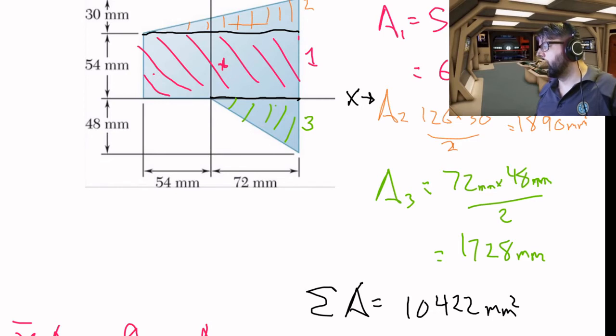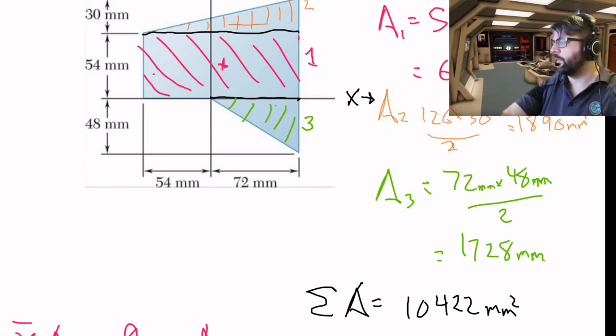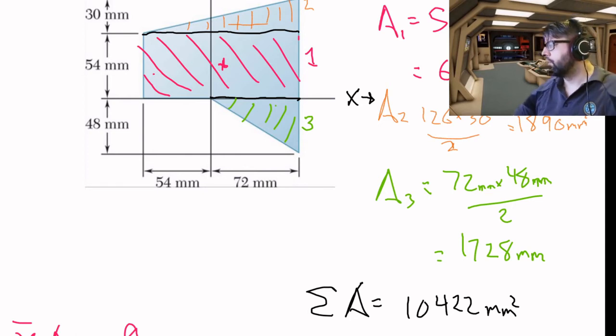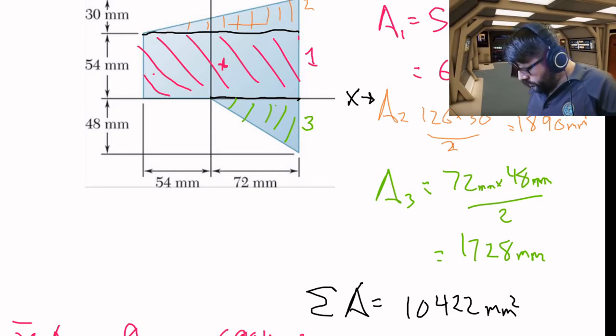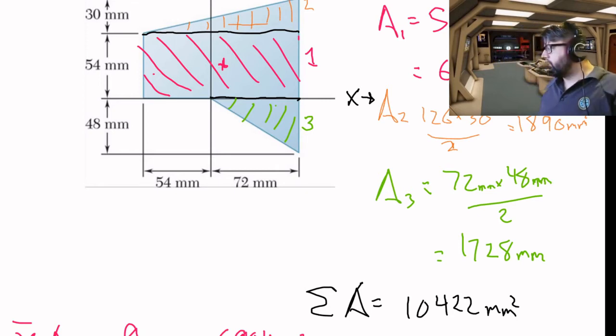And then our A1 we know from up here. So I'm actually just going to plug that straight in. 6804 millimeters squared, which is 61.2 thousand.